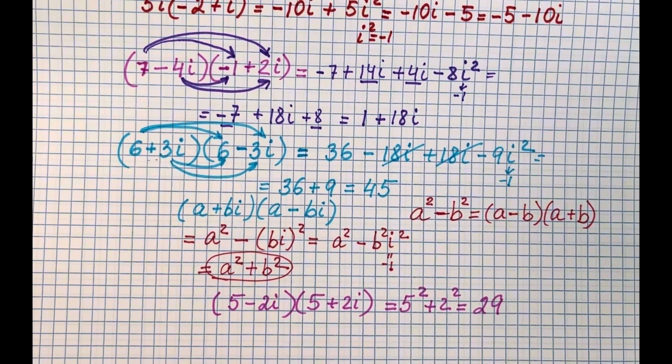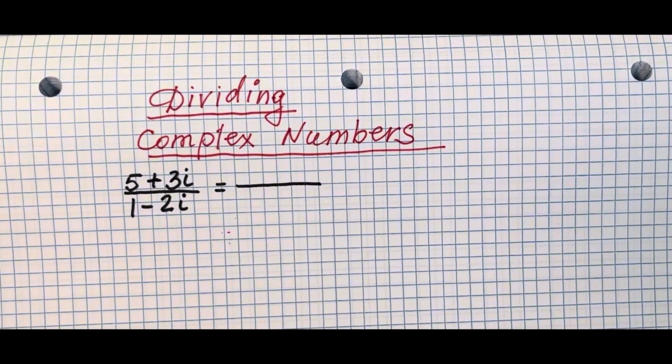This is very important to remember because next we're going to work on dividing complex numbers. With this example, we're going to study how to divide two complex numbers and write down the result in standard form. So this is the method we're going to apply.